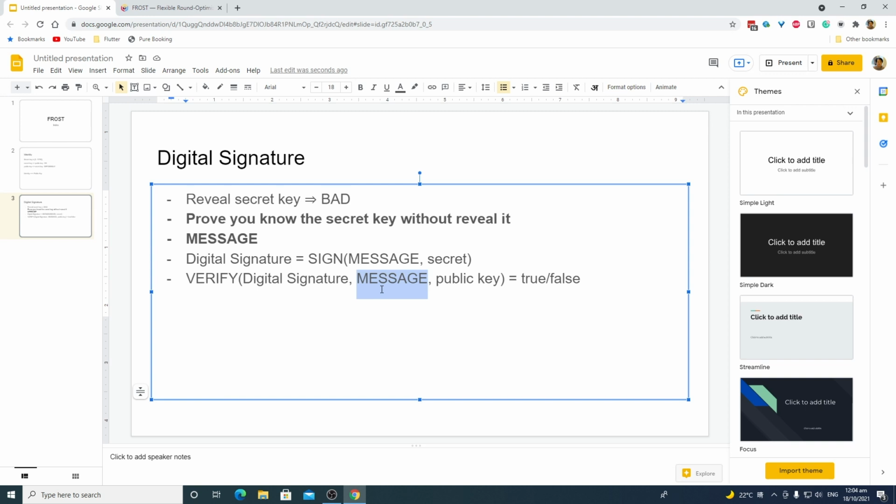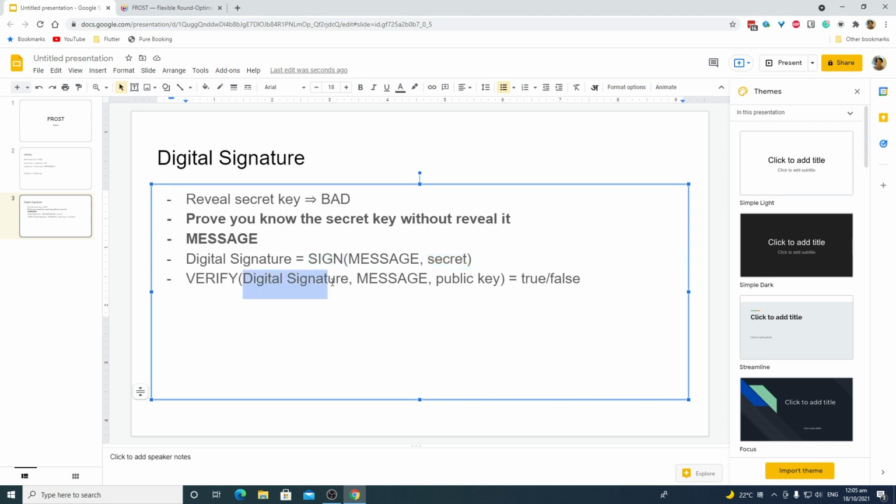So for example, if the person tries to modify the message, so you sign a message, a contract, but somebody tries to modify that message. For example, the message was a contract for a car, and you agreed on the price, or you agreed on a particular model, and somebody tries to cheat and increase the price. So the message will be different, and the verification routine will return false.